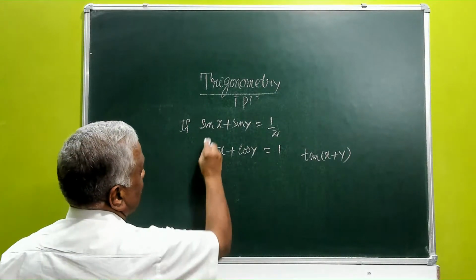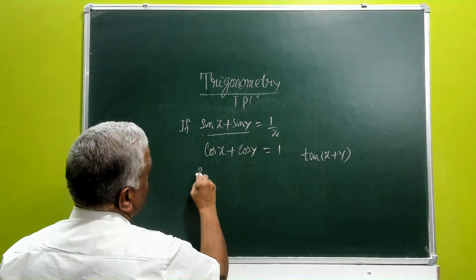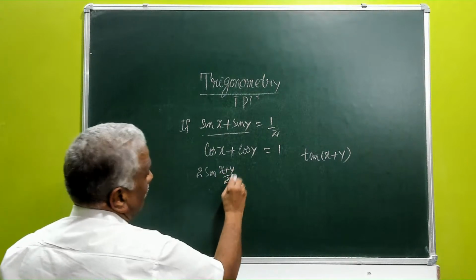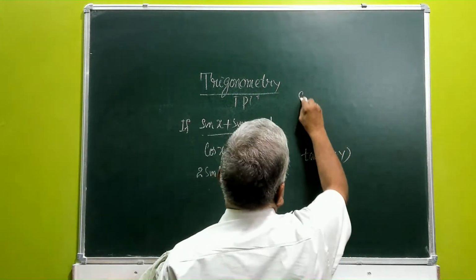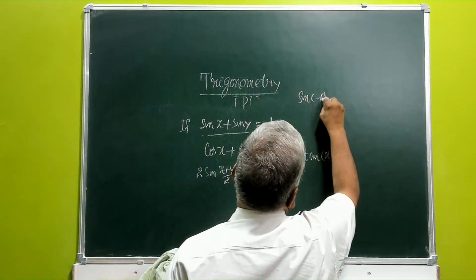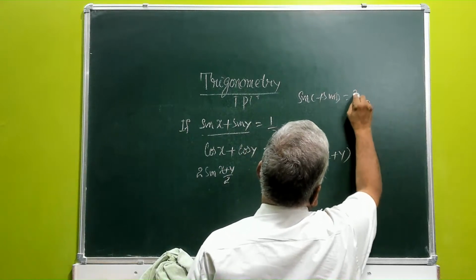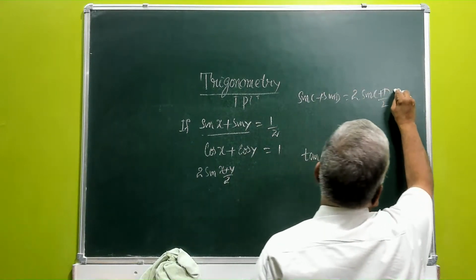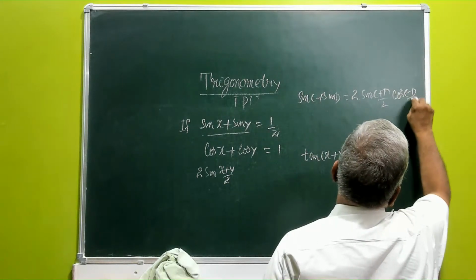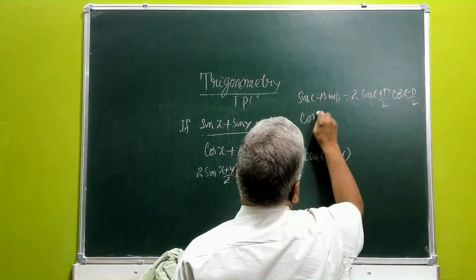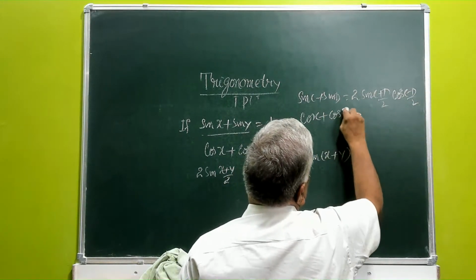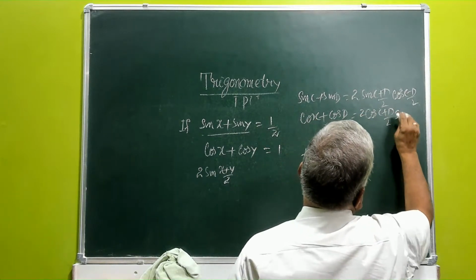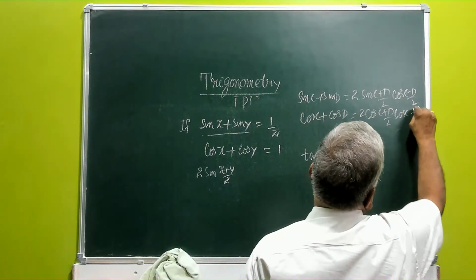So the method for this is that sin x plus sin y is 2 sin of (x plus y) by 2. That's why I told you, remember the formulas: sin C plus sin D is 2 sin (C plus D) by 2 cos (C minus D) by 2, and cos C plus cos D is 2 cos (C plus D) by 2 cos (C minus D) by 2.